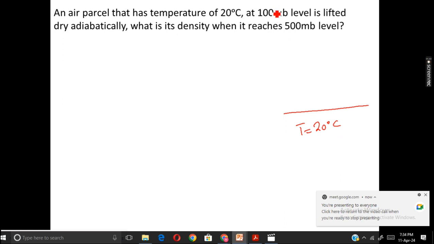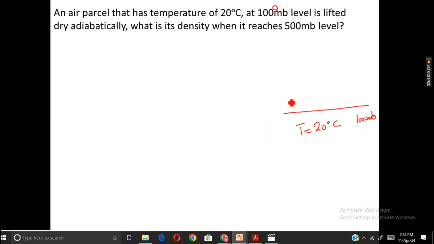Sorry, it is not 100, it is 1000. At the 1000 MB level, this is the temperature of the parcel. We are lifting it dry adiabatically to the 500 MB level. So what will be the density of the parcel at this height? That is the question.